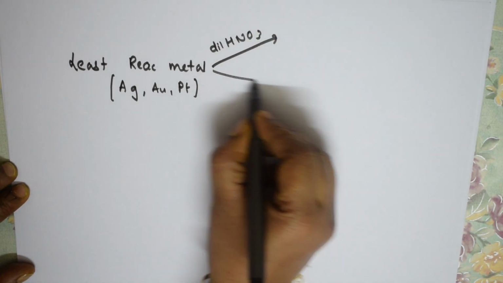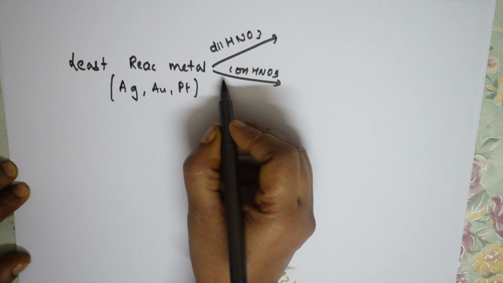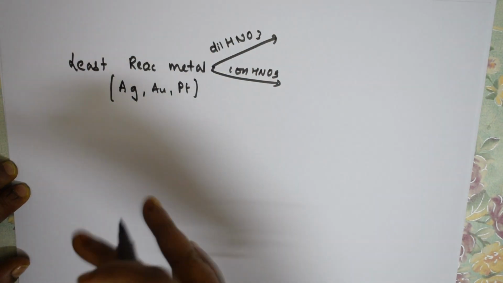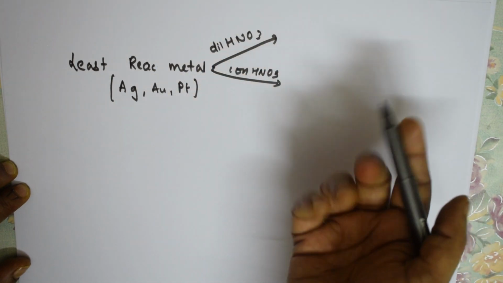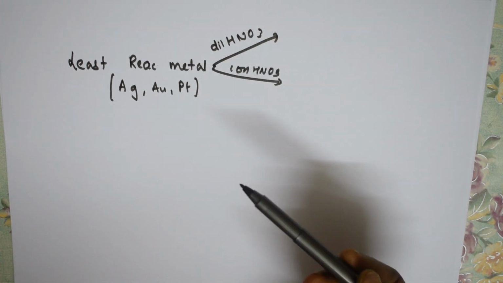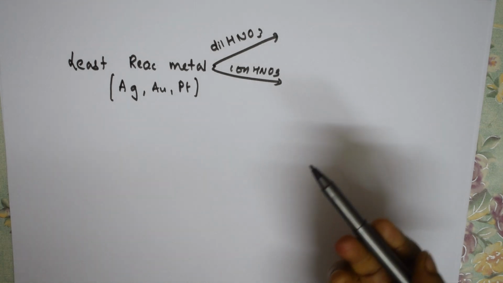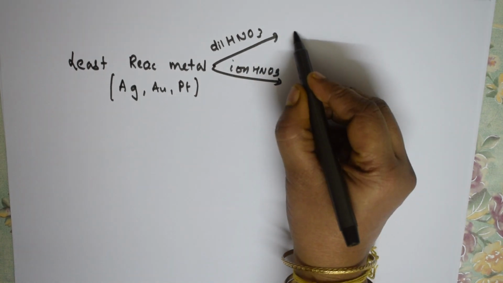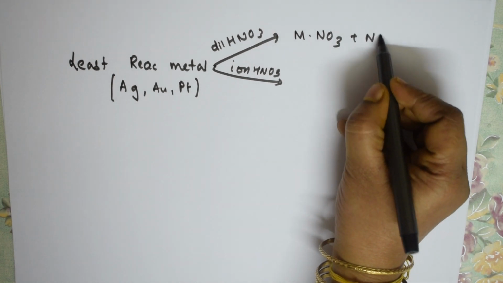If you are combining this with concentrated HNO3, suppose you are checking both the conditions, just check here. Only in high reactivity metals you just see the very dilute condition. So dilute HNO3 means it's nothing but 6 to 10%. 6 to 10% is very dilute. Dilute means 20%. Concentrated means almost 60 to 70%. Done. Suppose you are taking dilute HNO3, always remember the products are metal nitrates plus NO plus water.